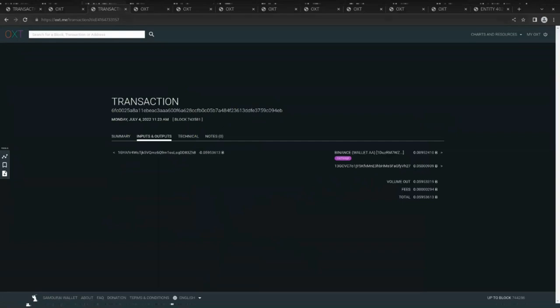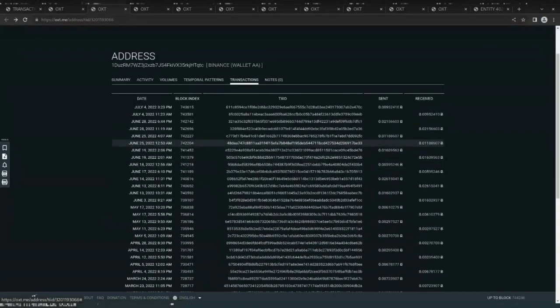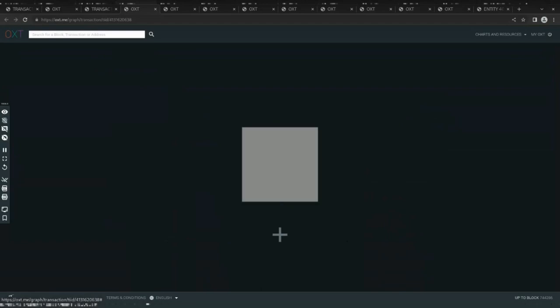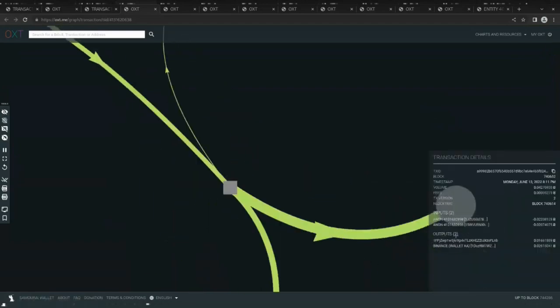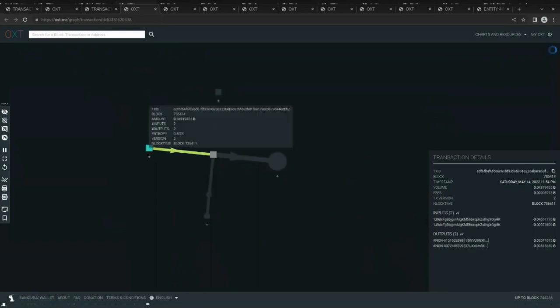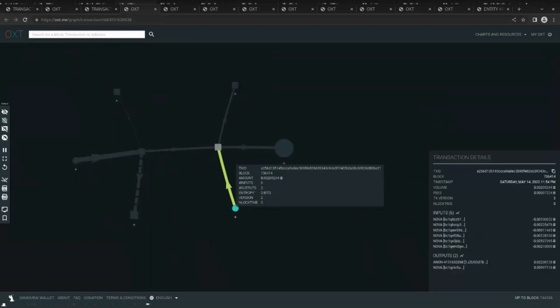So let's take one or two more looks at some of the activity with this Binance address. Another deposit. In this case, 2 inputs and 2 outputs. A reused address. OMG market. And this transaction was a Nova payout.